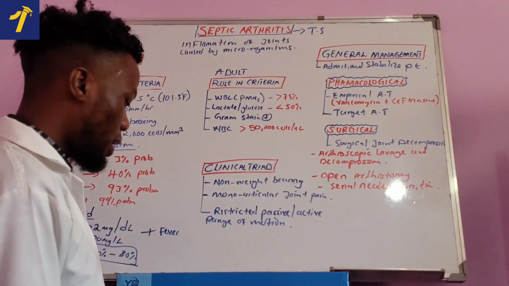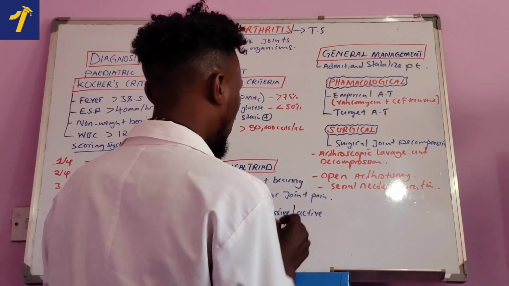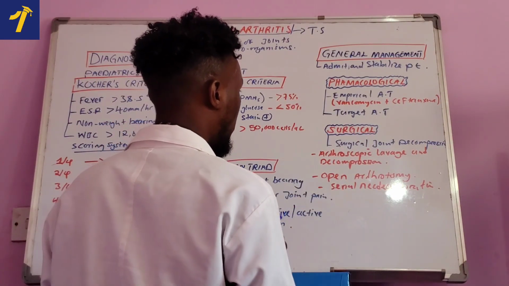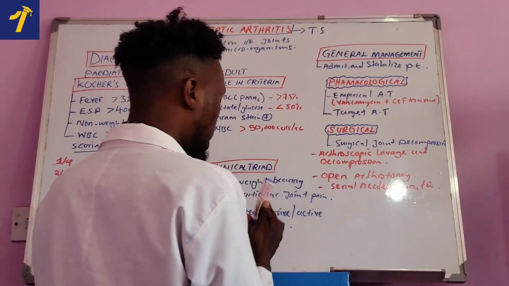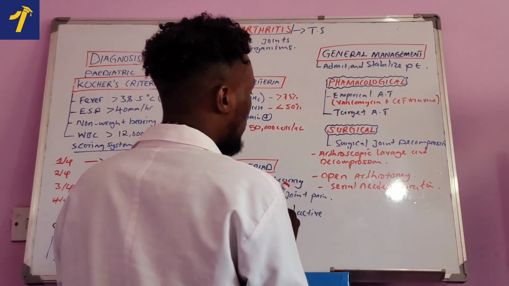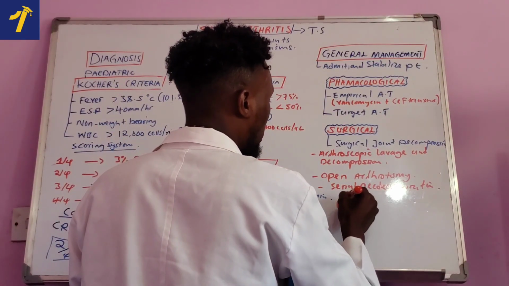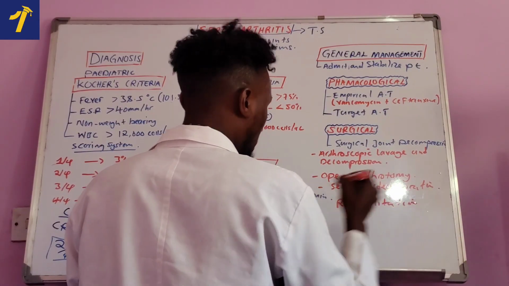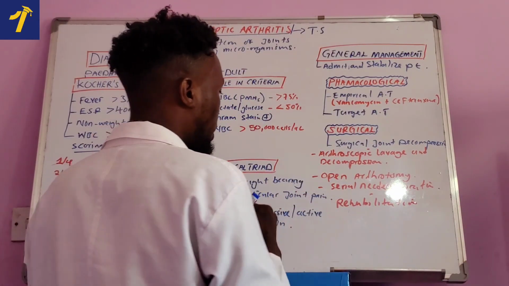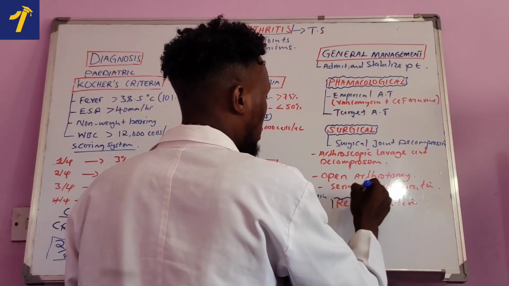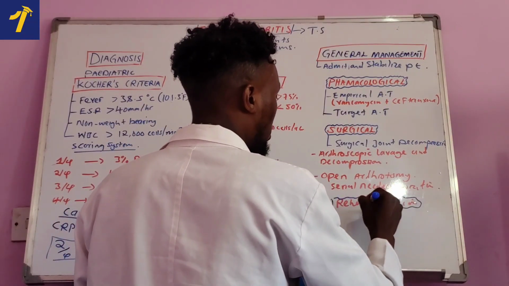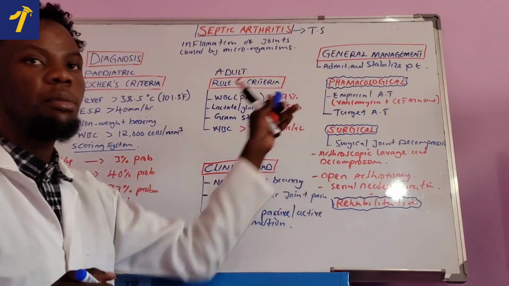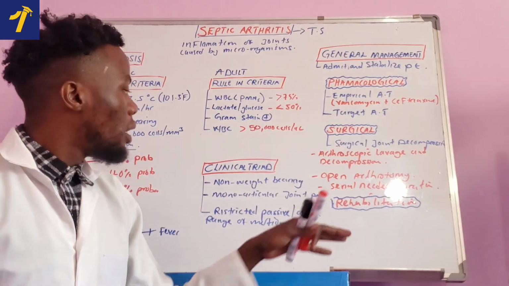And the other thing that I didn't put here is, after you do all this, you can also consider rehabilitation. Why consider rehabilitation after you do a surgical procedure, maybe pharmacological therapy there?